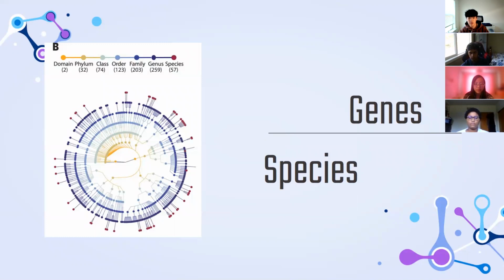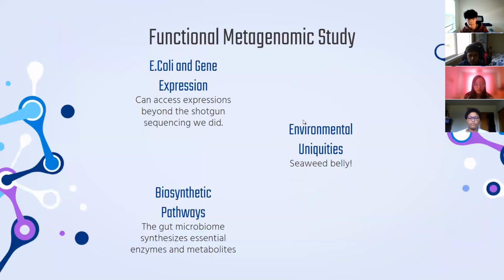And also spatial distribution analysis, which, as you can see in this diagram, can help us look at different distributions of species and analyze the population as a whole. Next slide.